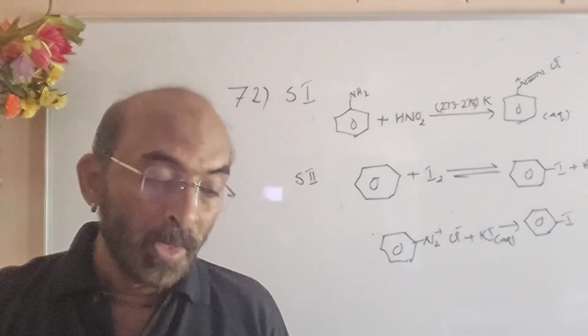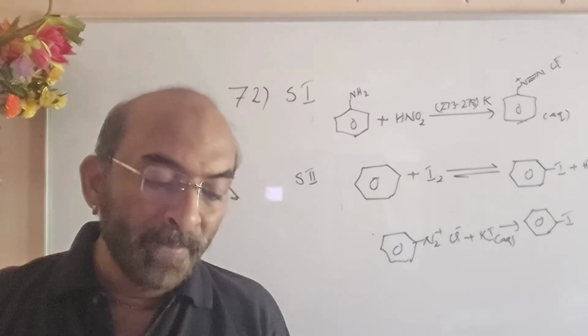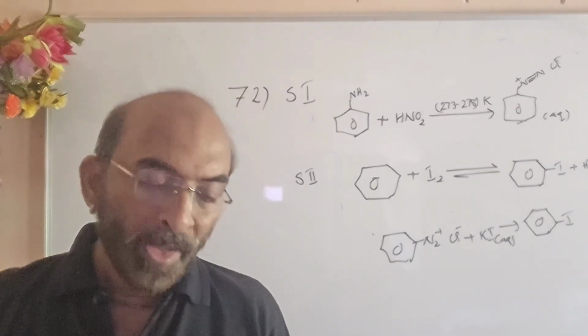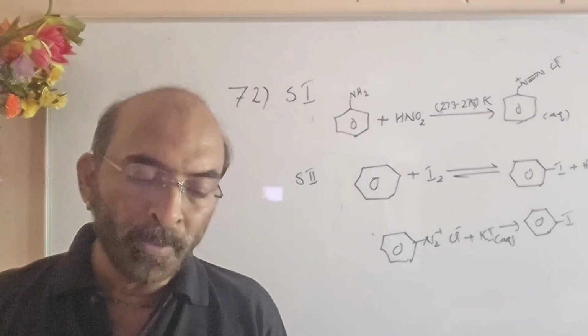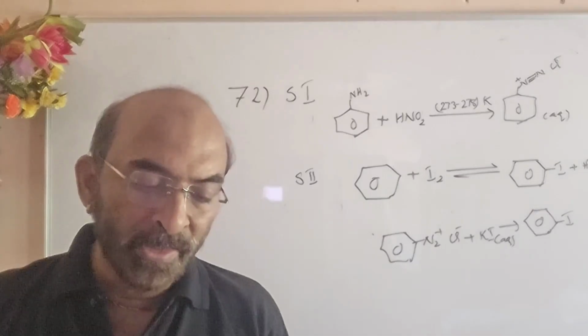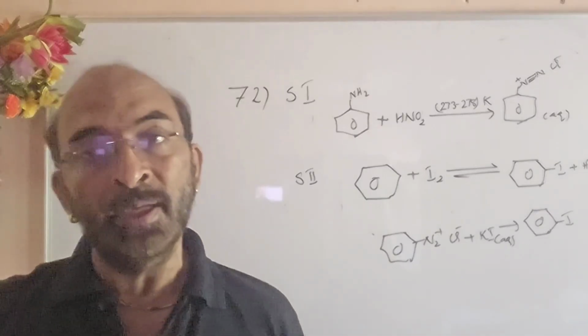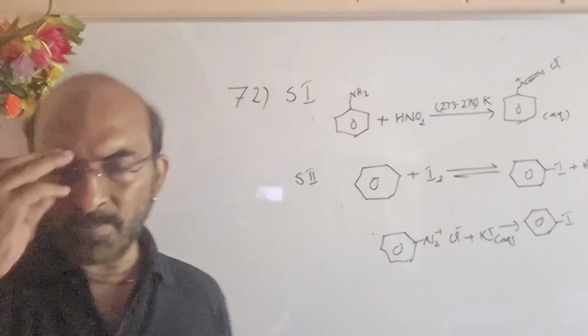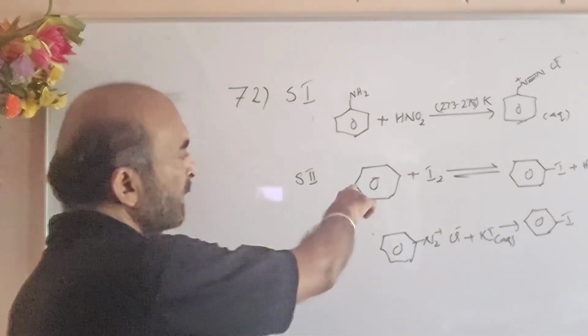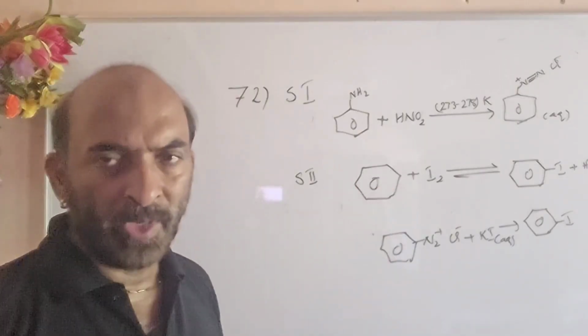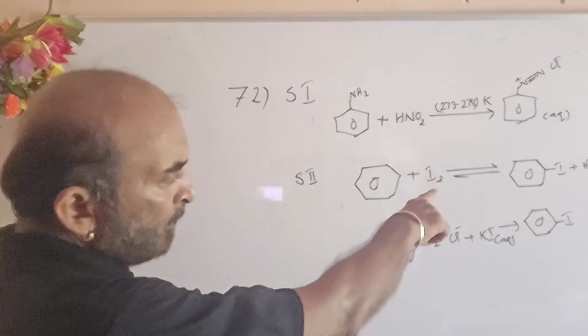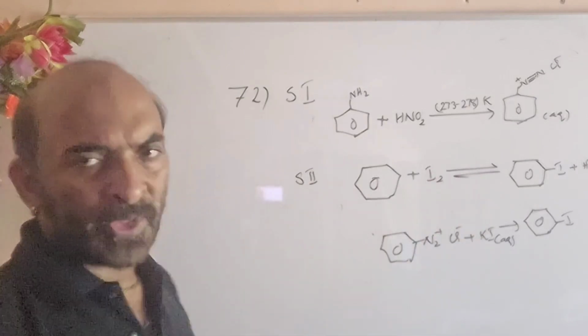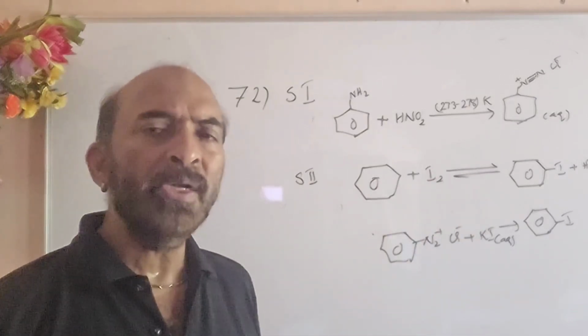Statement 2: insertion of iodine into the benzene ring is difficult and hence iodobenzene is prepared through reaction of benzene diazonium salt with KI. It's a correct statement. You know that when benzene is treated with iodine and iodobenzene is formed, the side product is HI, and HI is a strong reducing agent.